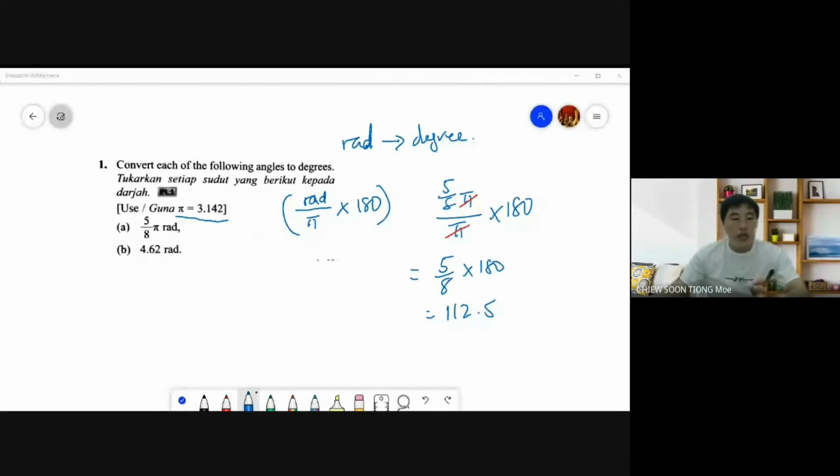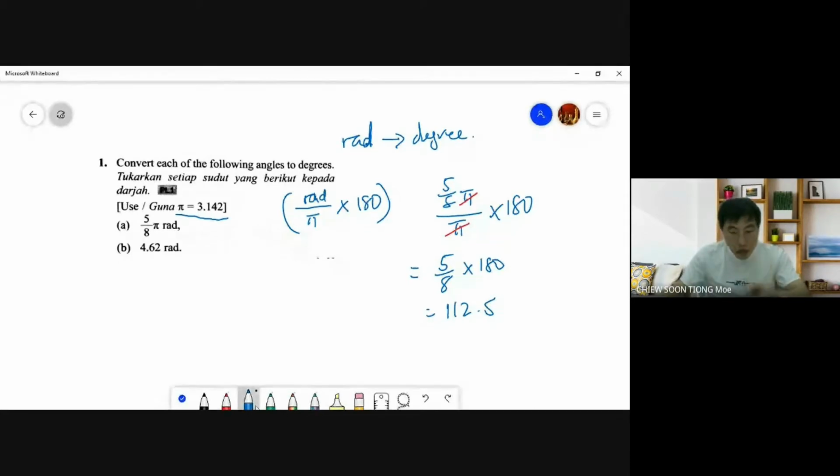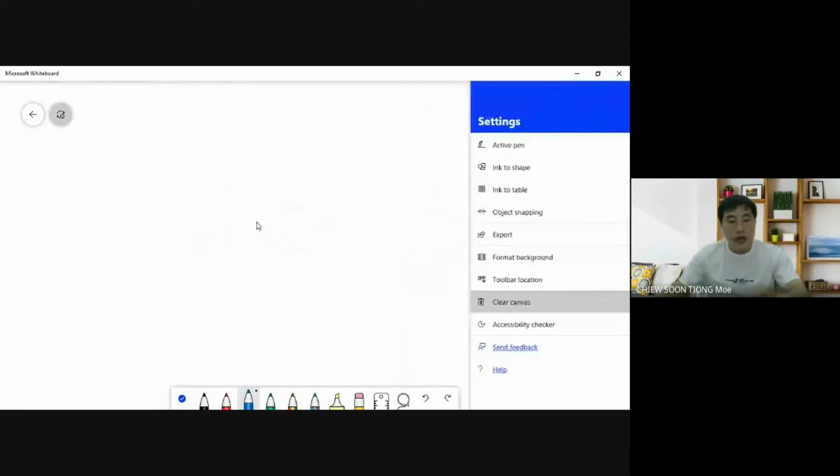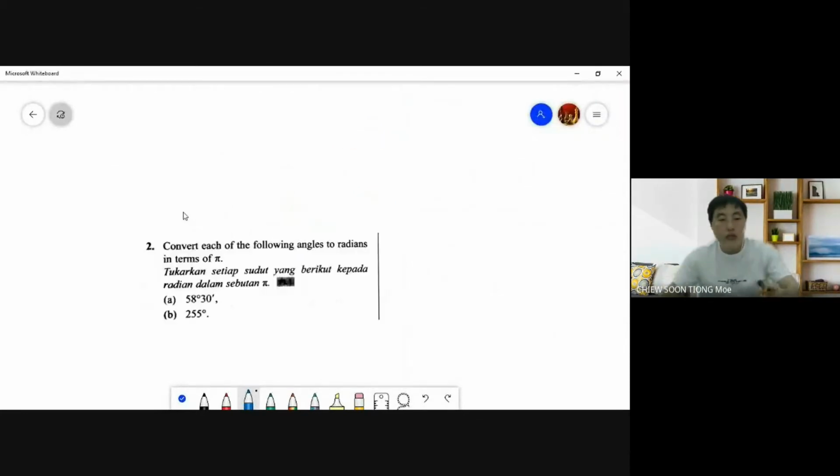So we're going to the second one. Change from degree to radian. This one is an easy one.